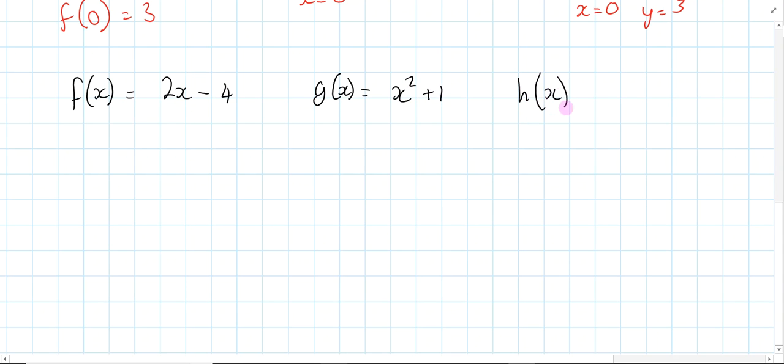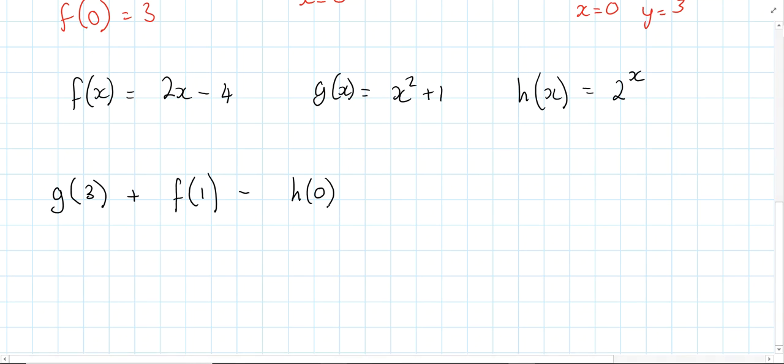And h(x) equals 2 to the power of x. Okay? If I said to you, I want g(3) plus f(1) minus h(0), what would I be asking you to do?